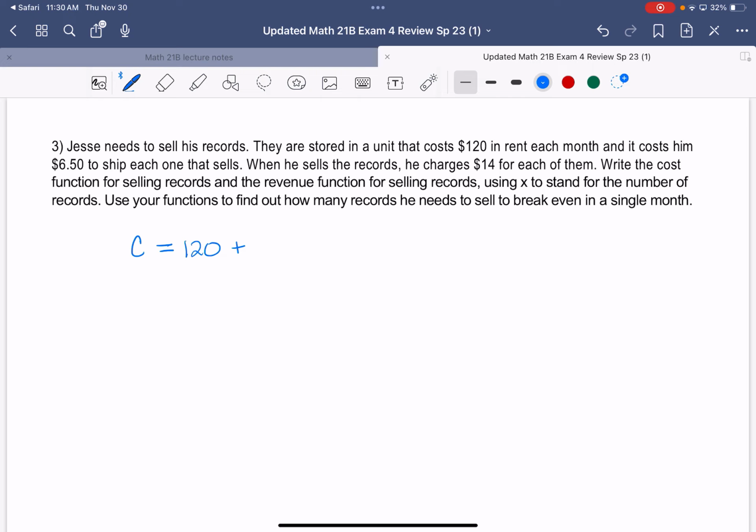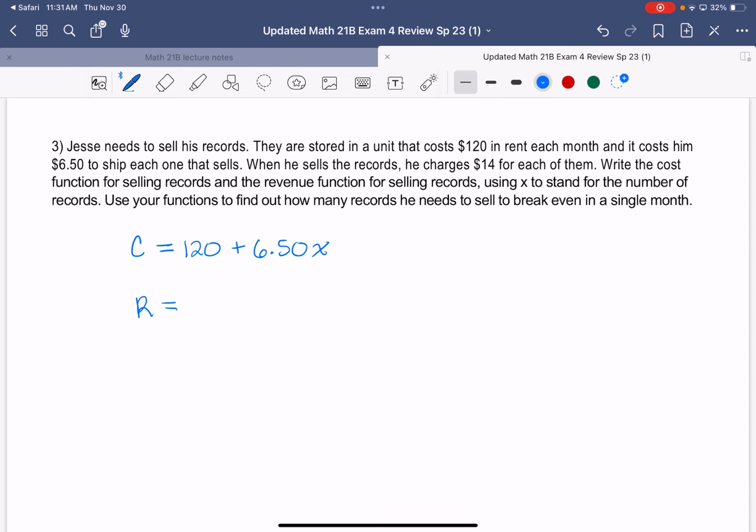And how much does he have to pay per record? $6.50, right? $6.50 per record. So that wouldn't be the revenue? No. And again, remember, you could also have C equals 6.50x plus 120. So those two terms could be swapped if you want.